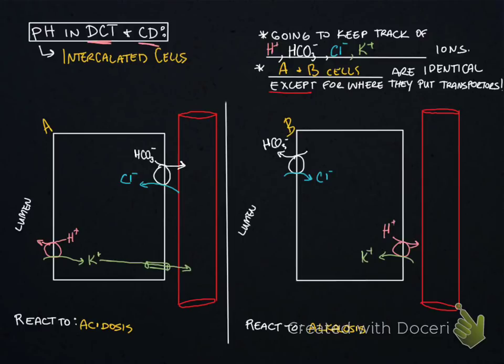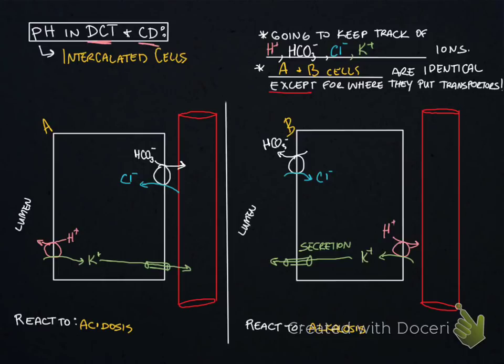But we can't leave potassium within the cell. It has an open channel, and it gets... Is that reabsorbed? Is that process reabsorbed? It goes back into the filtrate, so we call that secretion. Remember, reabsorption is back into the blood.